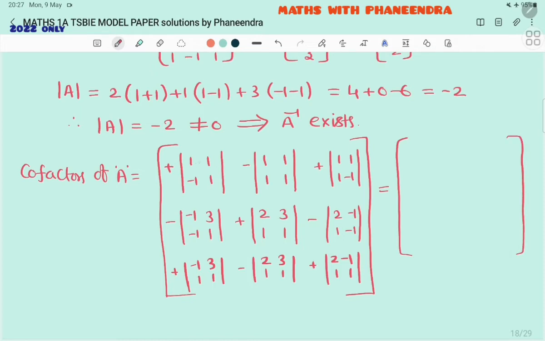1 minus of minus 1 1 plus 1 2, 2 into plus 1, so 2, 0. Minus 1 minus 1 minus 2. Minus 1 plus 3 means 2, 2 into minus minus 2. 2 minus 3 minus 1.